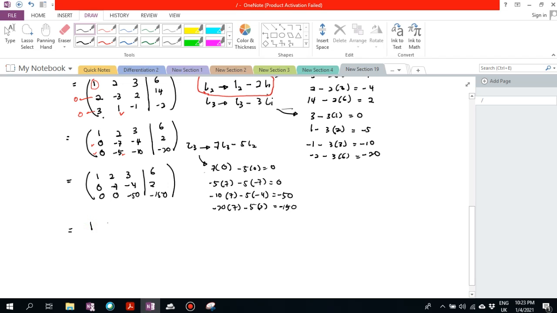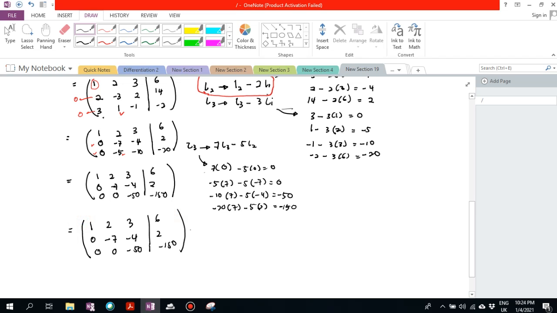The first row will be 1, 2, 3, 6. The second row becomes 0, negative 7, negative 4 and 2. The third row becomes 0, 0, negative 5, 50, negative 150. So this is the symmetric form.